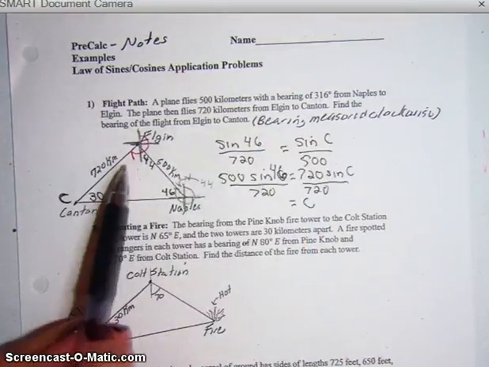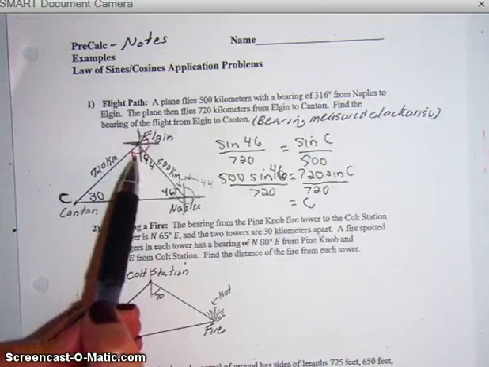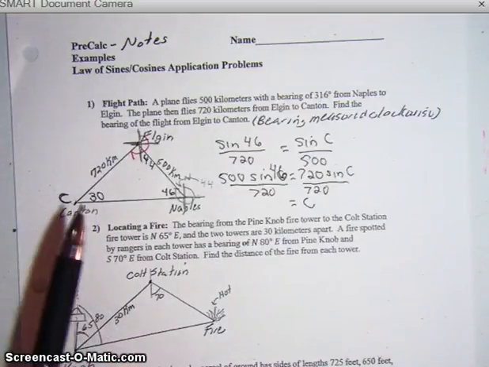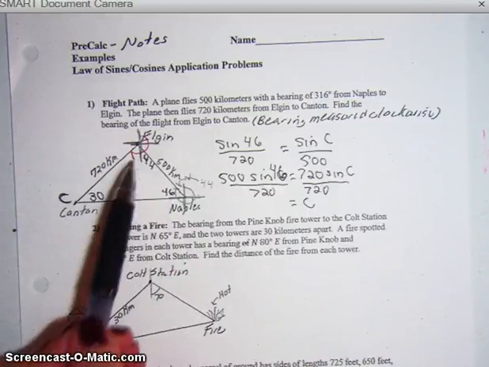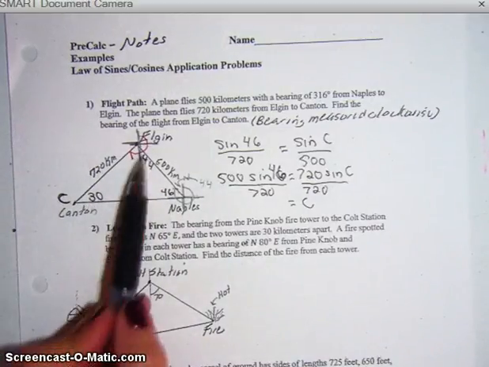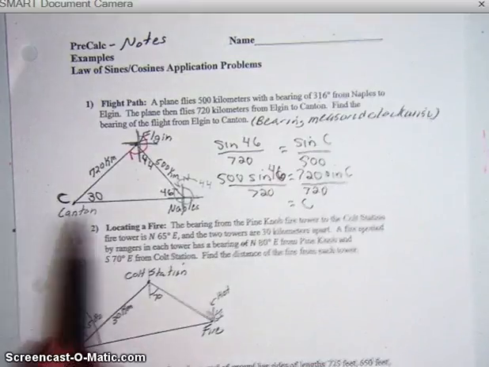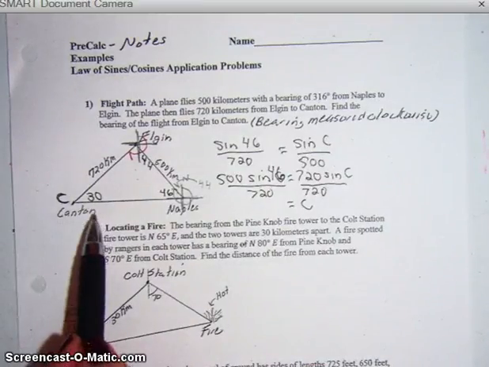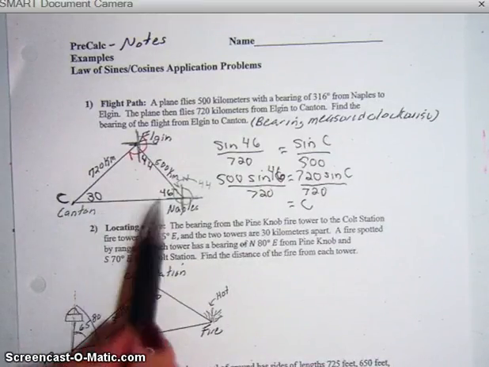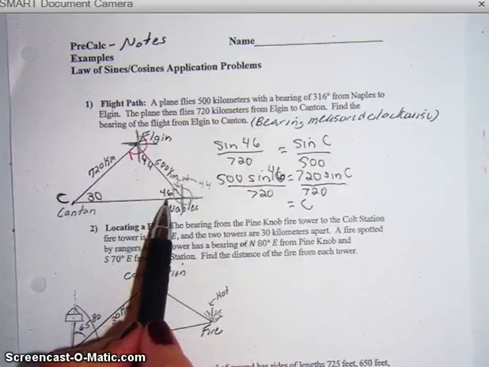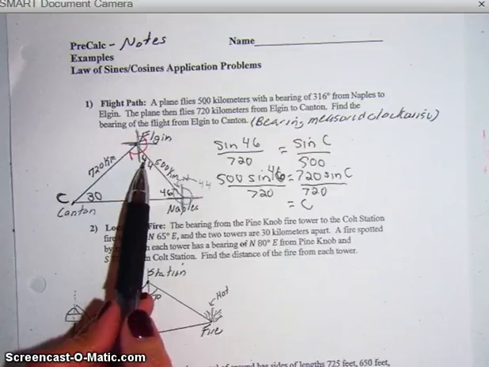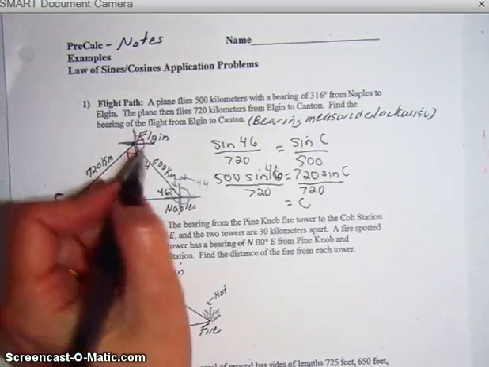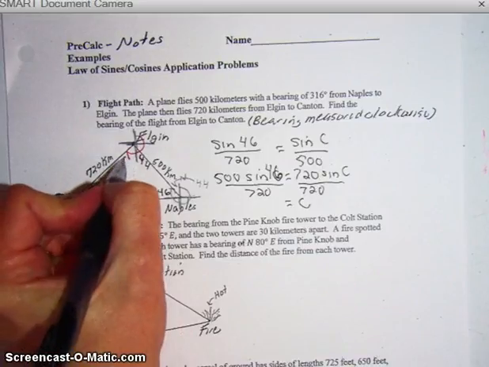Is that going to help us find this little angle right there? Go, Leah. 180 minus 30 minus 46 minus 44, which equals 60. So you're saying all three of these add up to 180? Yeah. So take 180 on your calc, minus 30, minus 46, minus this piece of it, which is 44. And then 60 plus 44 equals 100. Okay. Good. So this came out to be 60.